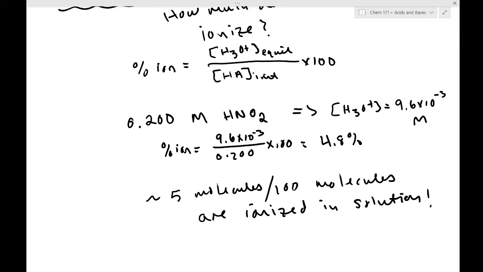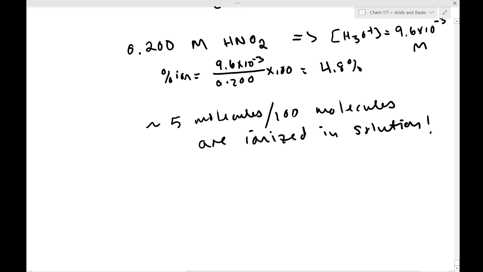I usually expect there to be a lot more of the acid existing in the deprotonated form or the dissociated form. So it's always very interesting to me to actually calculate the percent ionization, simply because it gives me a better, more practical understanding of what is actually occurring in terms of the chemistry of the reaction.